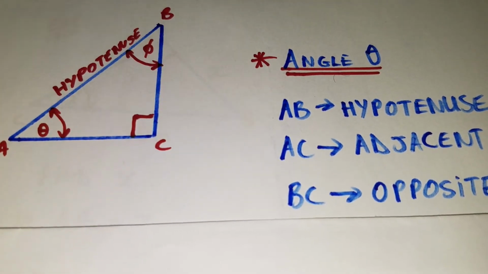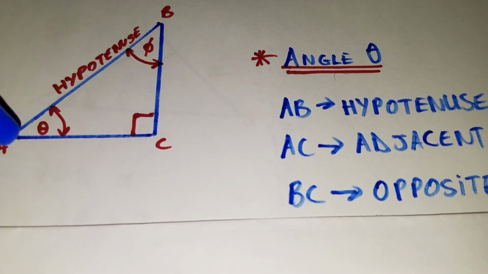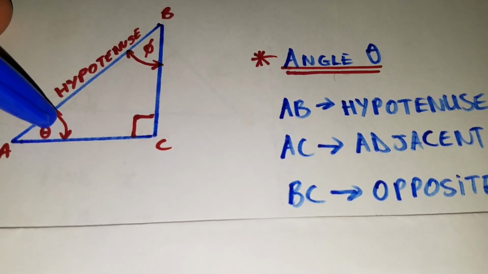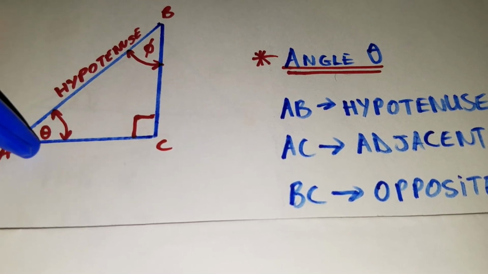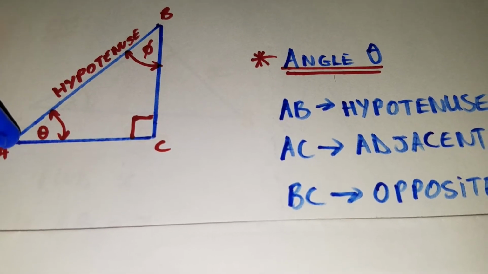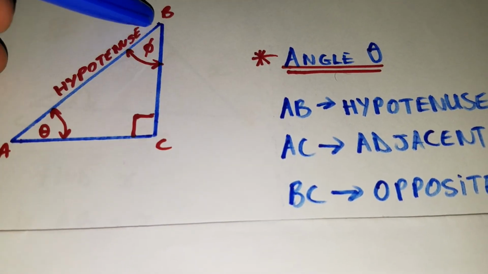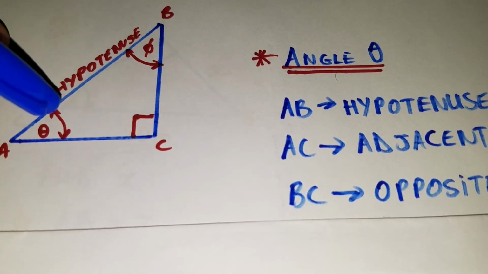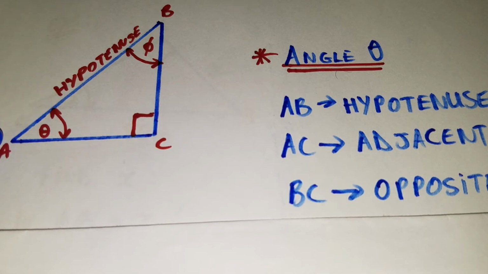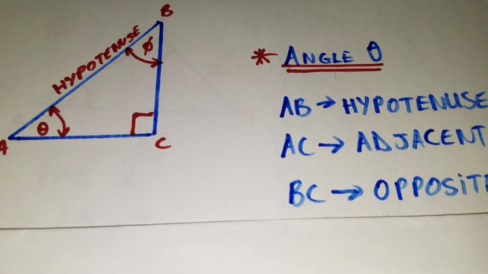If we're dealing with theta, AC would be the adjacent side to angle theta, adjacent simply meaning it's right beside it. The other line beside it is the hypotenuse, which already has a category of its own, so the other line beside it must be the adjacent. BC would be the opposite line to the angle theta. So for angle theta, once more, the hypotenuse is here, it doesn't change, AC would be adjacent to theta, and BC would be opposite to theta.